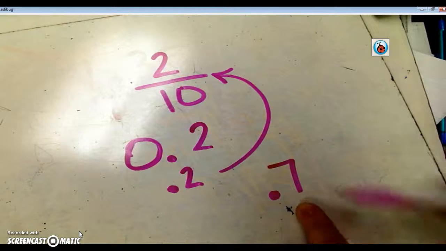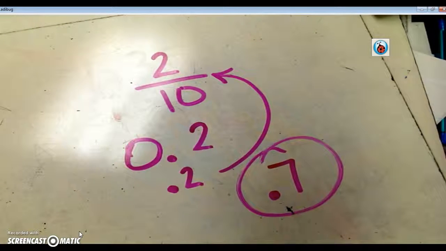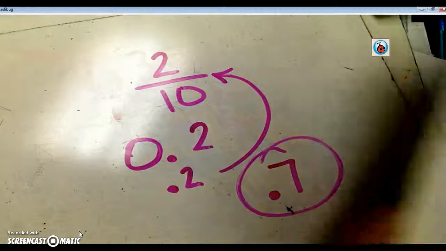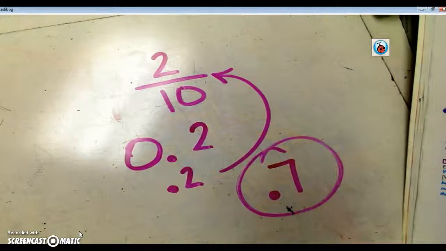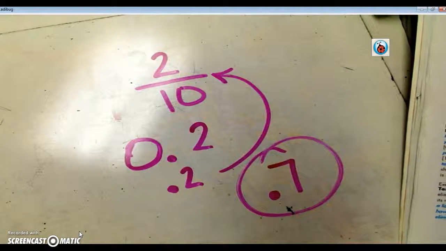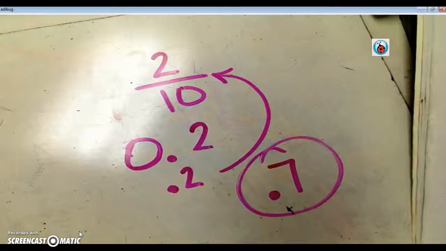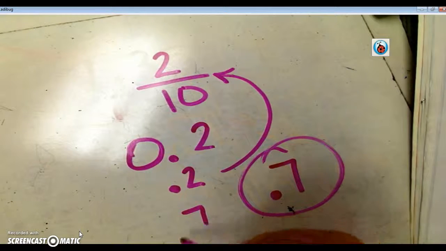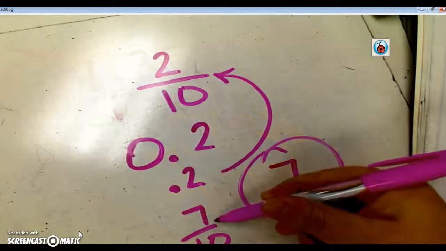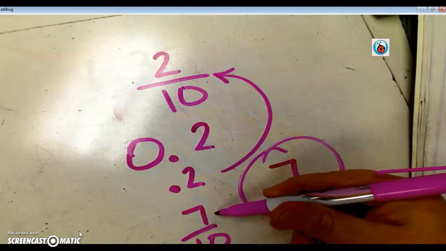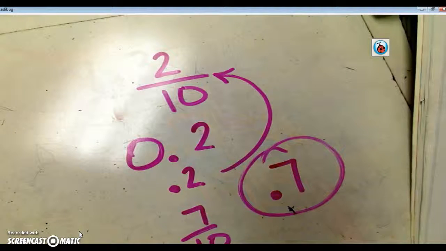This one right here. 7 tenths. So how do we think I would write that as a fraction? Yeah, 7 over 10, because this fraction reads 7 tenths. Okay? As silly as it sounds, folks, that's about all we're doing.